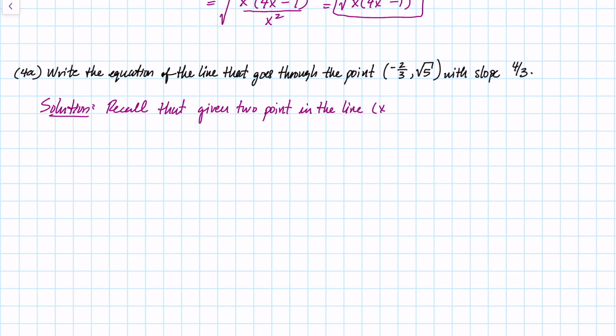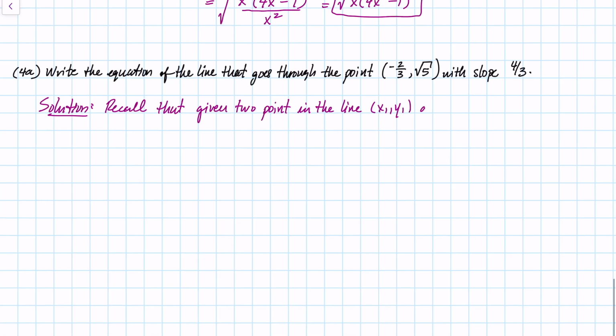Let's call these points x1, y1, and the other one x2, y2. So given 2 points on the line, the slope is defined as m. Usually we write it as m equals y2 minus y1 divided by x2 minus x1.